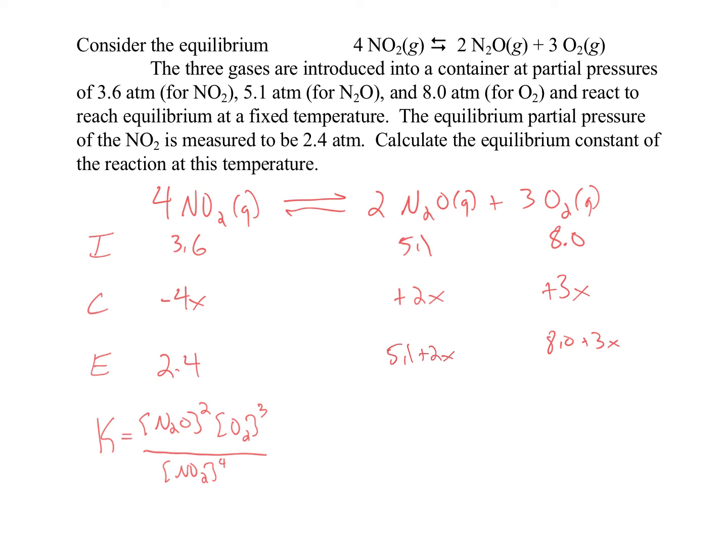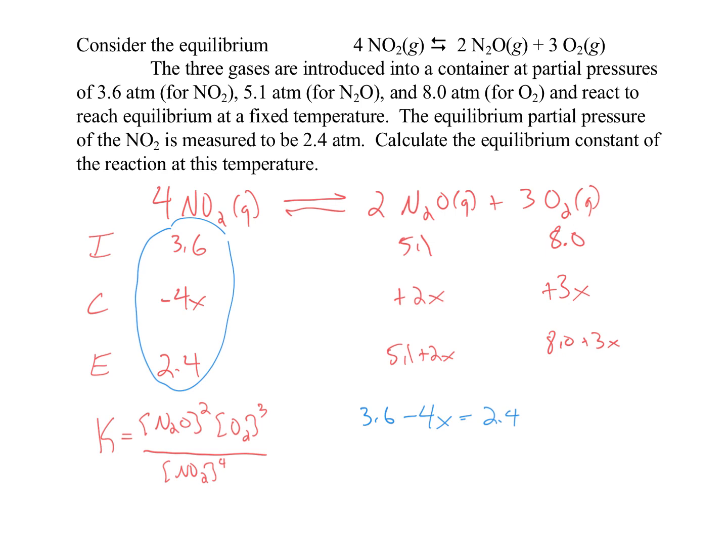Now I don't know x yet. However, I can use the NO2 information to find x, because for the NO2, 3.6 minus 4x is equal to 2.4. Again, I just added the initial and the change rows, and that has to be equal to the equilibrium row.